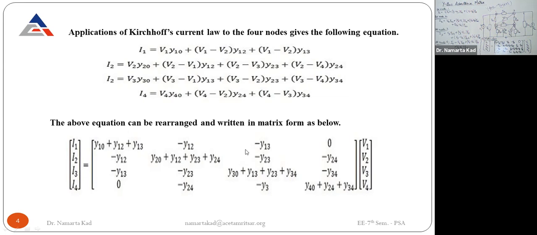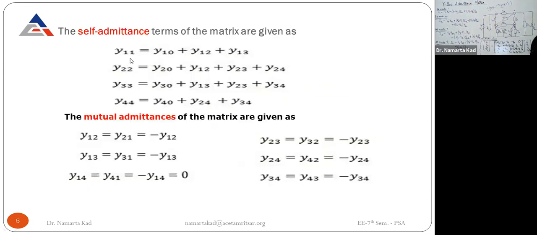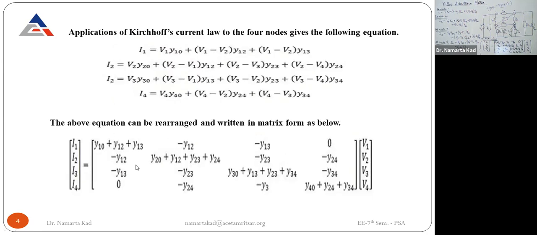So this is called the Y bus matrix. Y11, Y22, Y33, Y44: Y11 is the 1,1 element of this Y bus matrix, this is the Y22 element, 33 element, and 44 element.